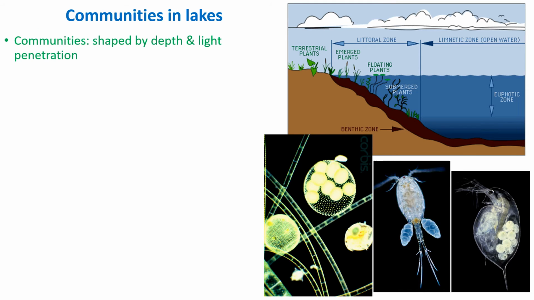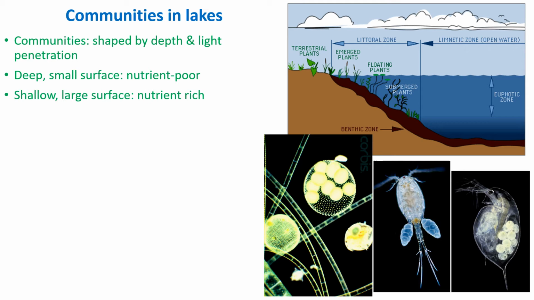Let me explain how biological communities in lakes are shaped by water depth and the extent of solar radiation penetration. In general, deep lakes with a much smaller surface area tend to be nutrient poor, right? In contrast, shallower lakes with a larger surface area tend to be nutrient rich. The reason is deep lakes with smaller surface area may have a greater volume of water, depending on the depth.